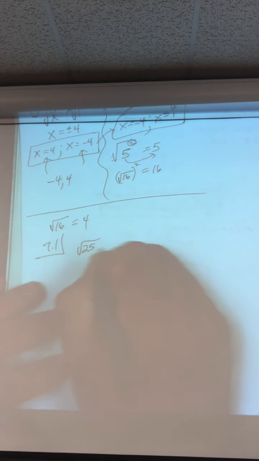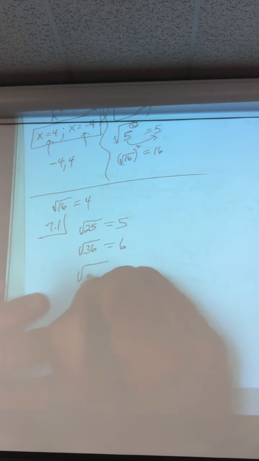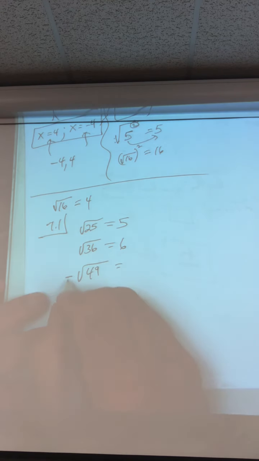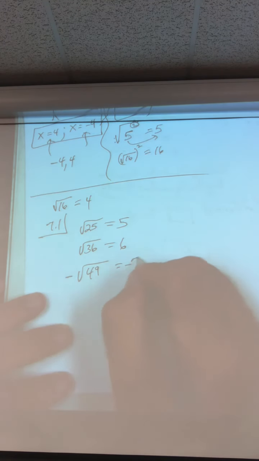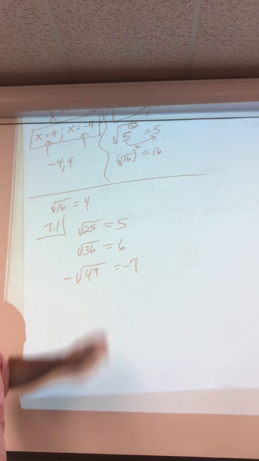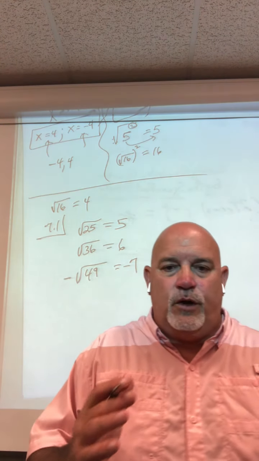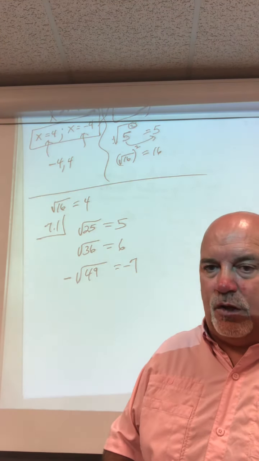I said, what's the square root of 25? And you said 5. We said, what's the square root of 36? And you said 6. And we said, what's the square root of negative 49? And remember, if there was a negative in front, it just made your answer negative. All of these were principal square roots. In other words, all of these, the square root was already on the page for you.